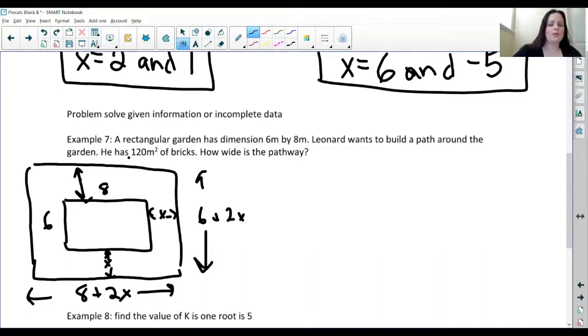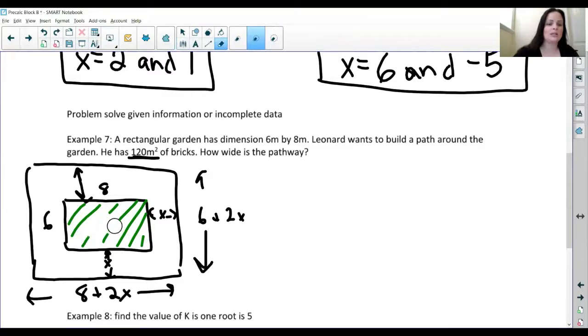We know that the total area of the bricks is 120. So we need to find the total area of the big box and subtract the area of the small box, because the area of the small box is not going to be tiled. So we can do this one right away.